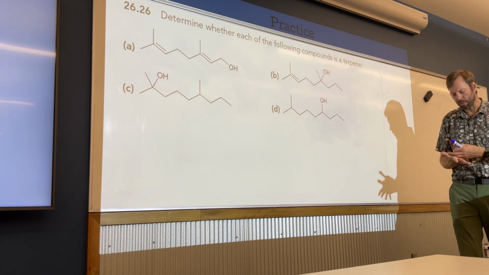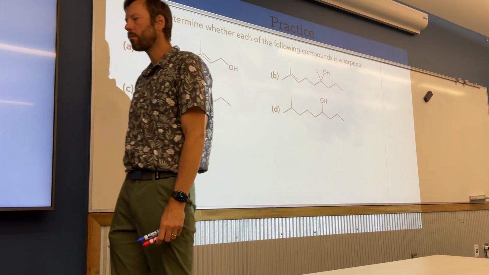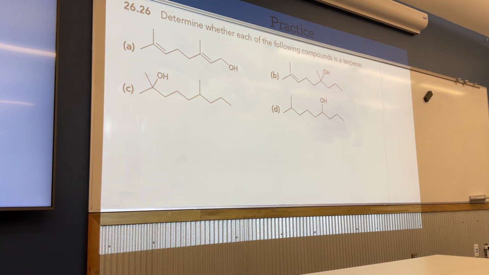First thing you can do is just count the number of carbons. If it's not a multiple of 5, say no. And then if it is a multiple of 5, you've got to say, okay, you may have at least 2 isoprenes.